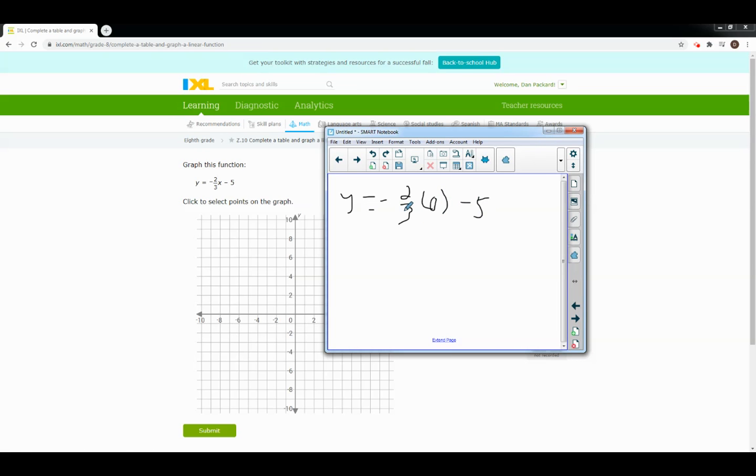So that just goes away. 2 over 3 times 0 is 0, and you're left with negative 5. Now, because we have a fraction, we're going to pick the denominator, the bottom number. So we have negative 2 over 3 times 3, minus 5. These will cancel, and you're just left with negative 2 minus 5, which is negative 7.